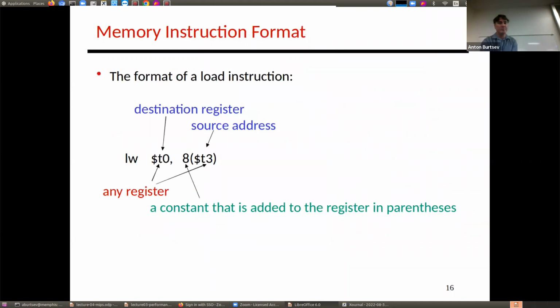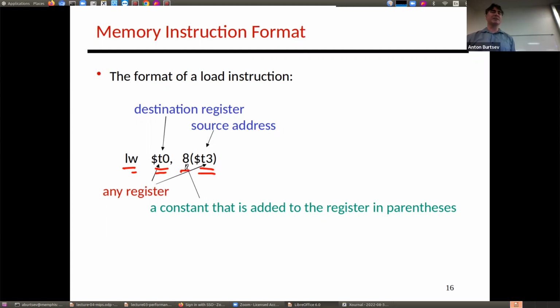I'll get to this example in a second. What I wanted to highlight here is that this load instruction can have an offset as well. Both operands can be any registers. Right now I use T0, which in canonical MIPS is a temporary register, used for temporary values.